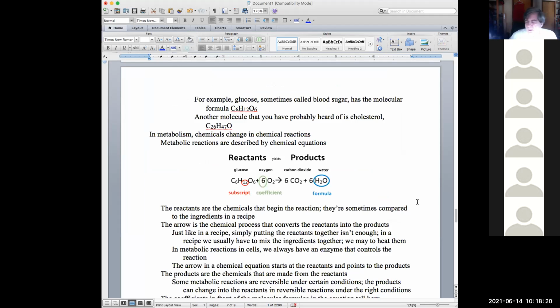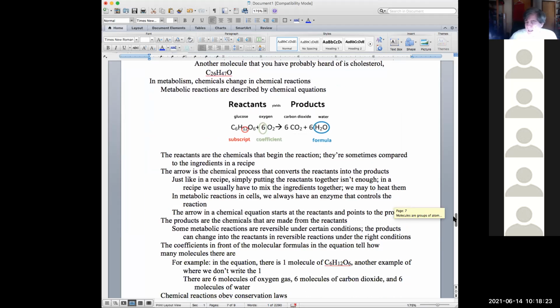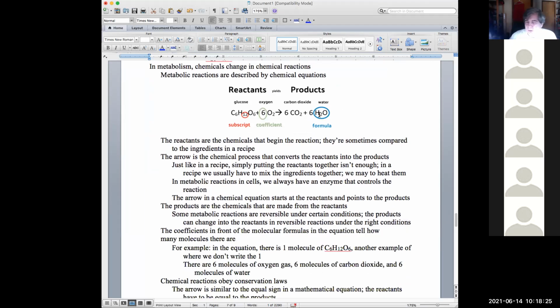The way that we represent a metabolic reaction or just a plain chemical reaction is through something called a chemical equation. So when we hear that name, chemical equation, we want to think of a math equation, because just like a math equation, there is an equal sign in a chemical equation. It's drawn a little bit differently.